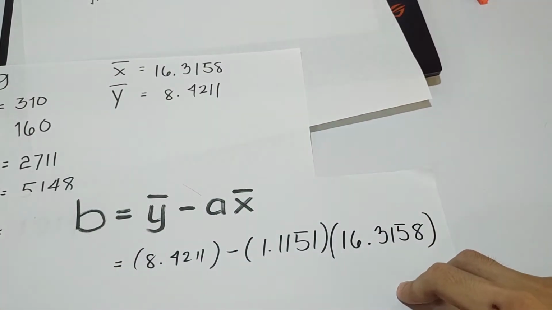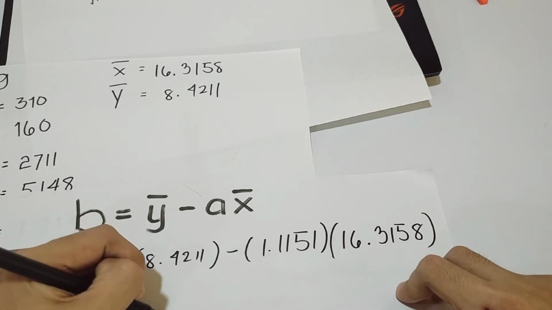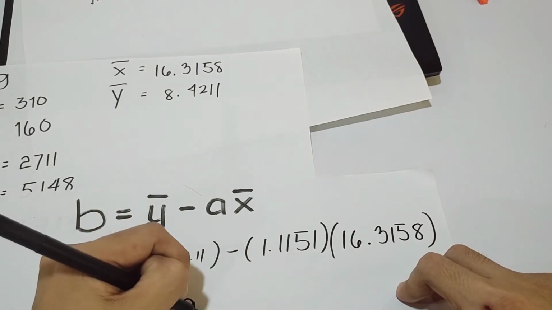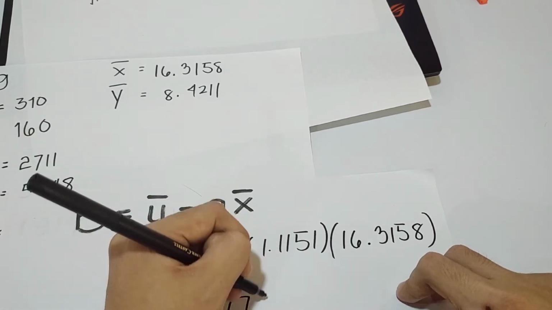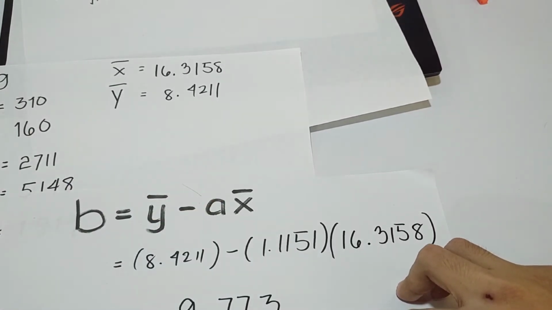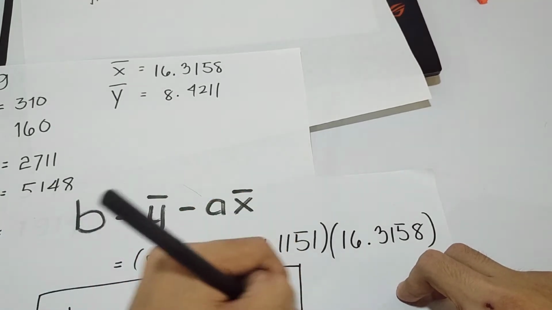So using the calculator, the value of this one is negative 9.773. So we have the value of b.